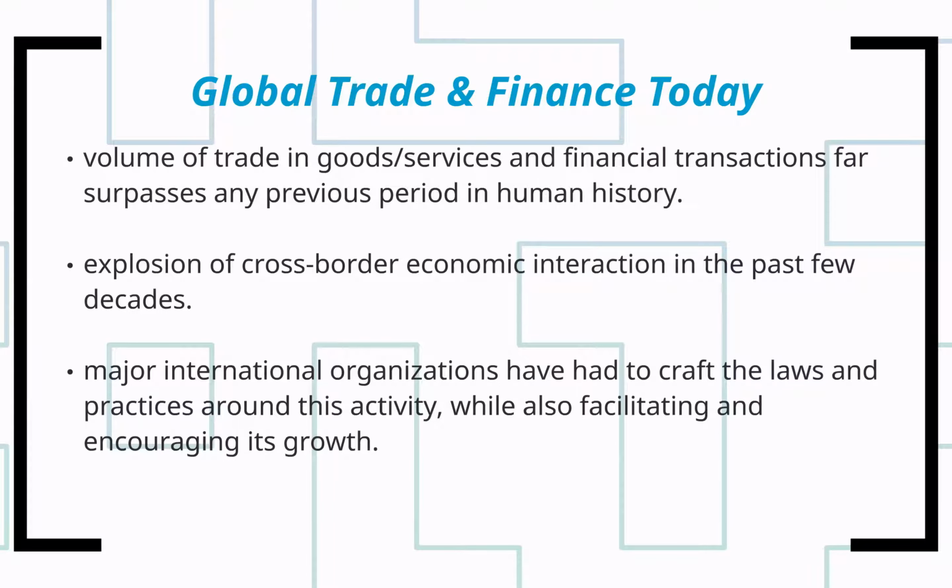Because we're in uncharted territory, a lot of the types of things that happen in the global economy we didn't need regulations for before because they were so infrequent. We could deal with it on an ad hoc basis.